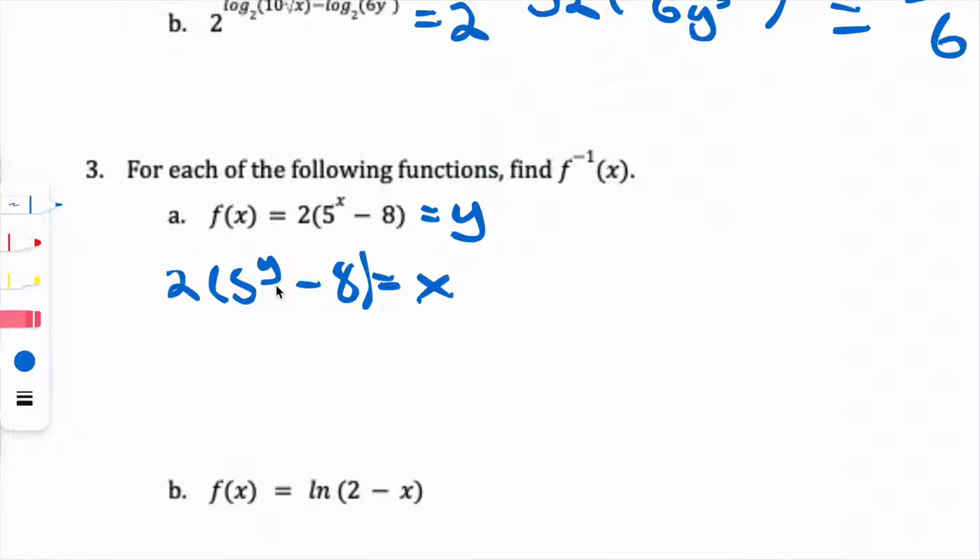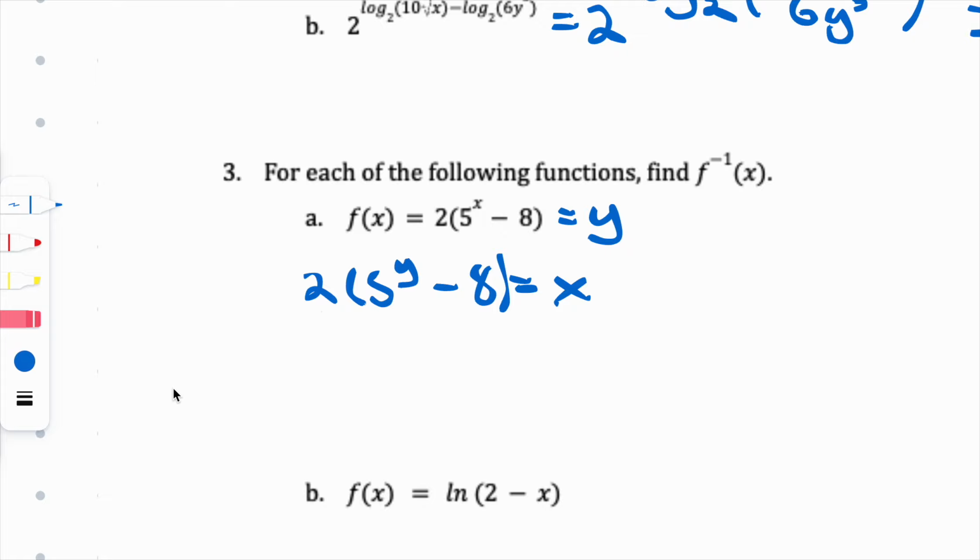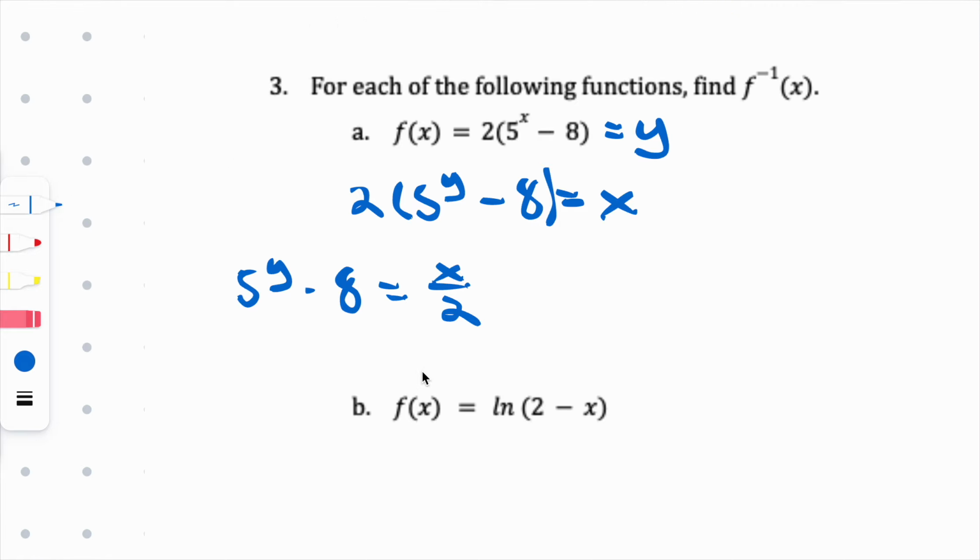Okay, so let's do that right here. Let's apply that. So first we're going to want to divide by 2. So I'm going to write 5 to the y minus 8 equals x over 2. Then I'm going to add 8 to both sides. So 5 to the y equals x over 2 plus 8. This is bad spacing, but it doesn't matter.